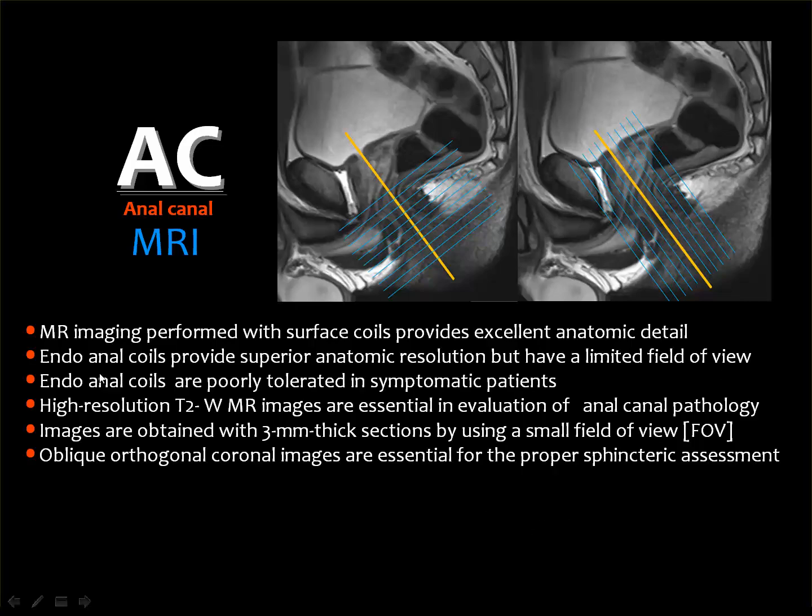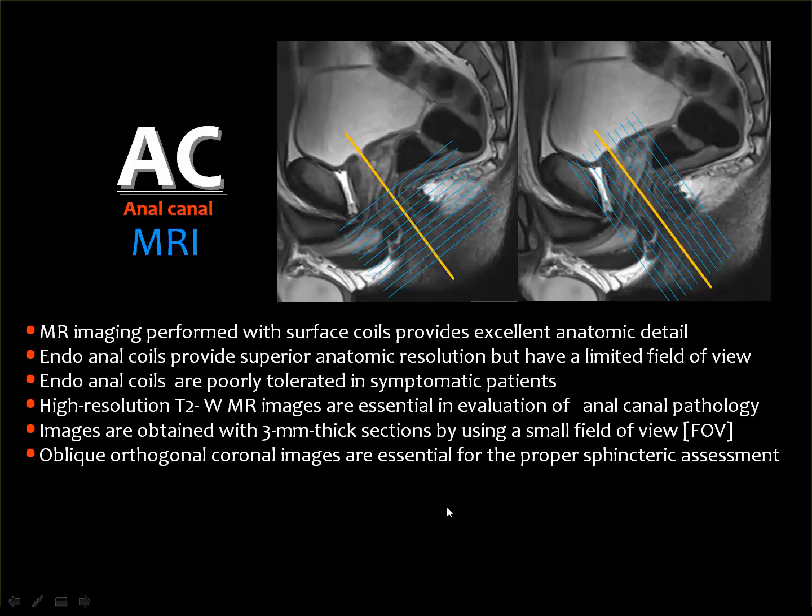But the endoanal coils can provide superior anatomic resolution, but they have a slightly limited field of view, and they are also poorly tolerated in symptomatic patients. And you know, this area is prone to fissures, fistulae, abscesses, and many painful conditions.